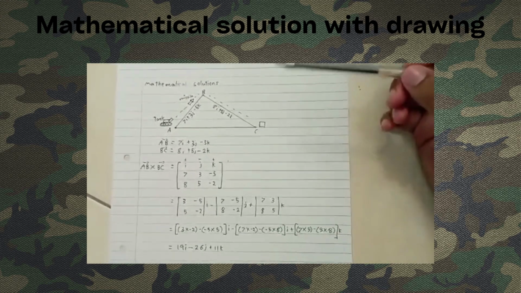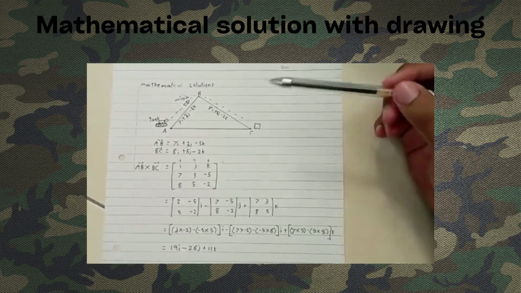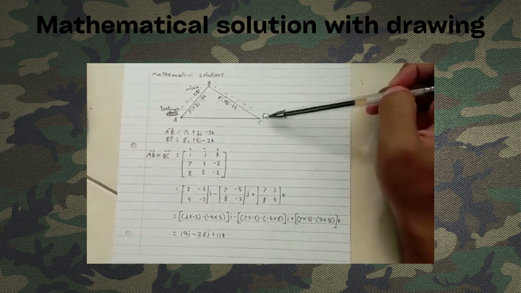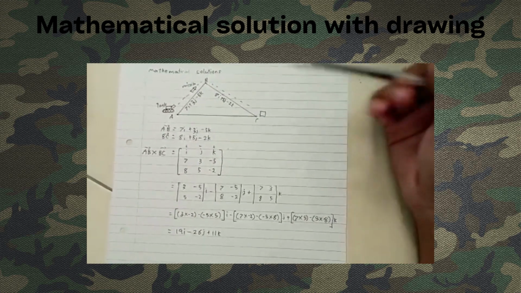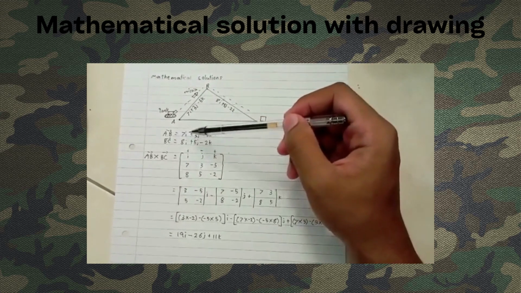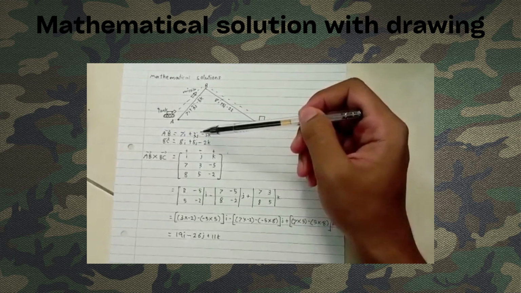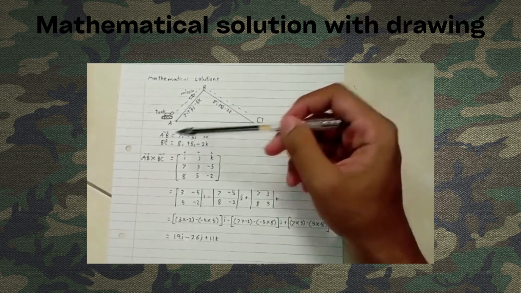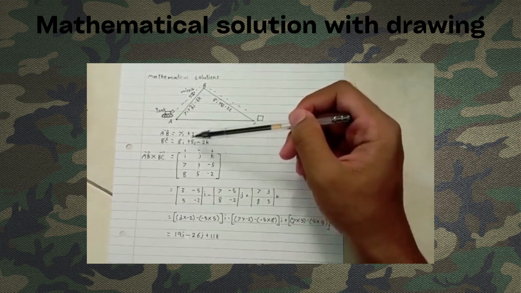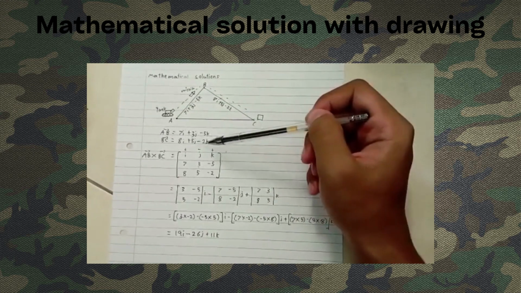So we go to the mathematical solution in vector and scalar. We have a tank at point A. We want to shoot at point C. So we have vector AB as 7i plus 3j minus 5k, and vector BC as 8i plus 5j minus 2k.